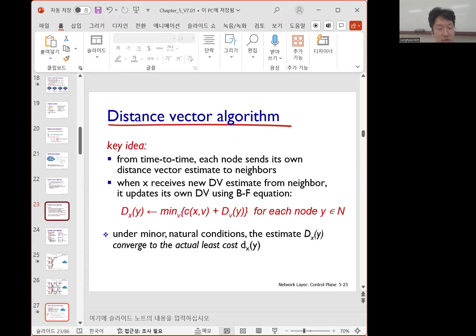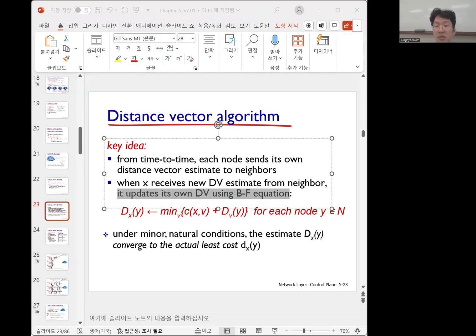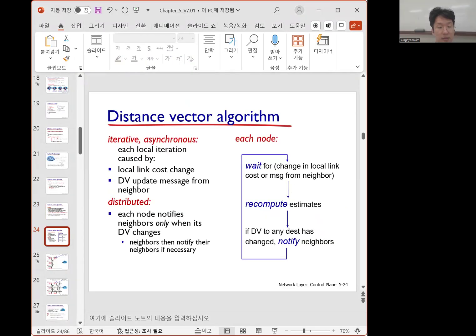The key idea is that from time to time, each node sends its own distance vector estimate to neighbors. They advertise, and when x receives a new distance vector estimate from neighbors, it will update its own using the Bellman-Ford equation. So it is iterative, asynchronous, and each node is distributed.